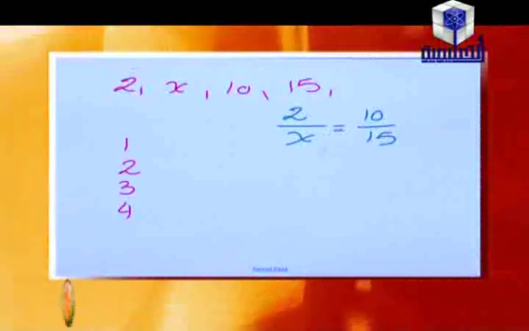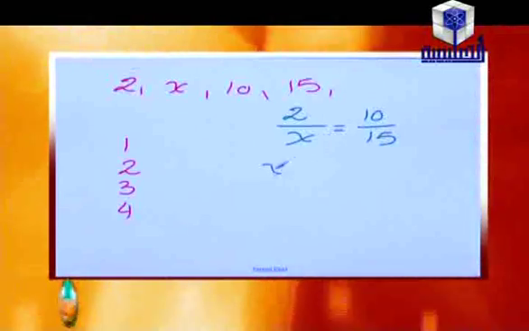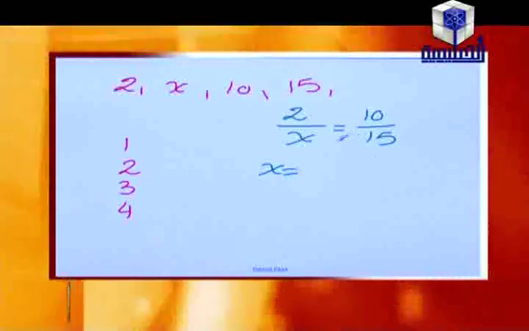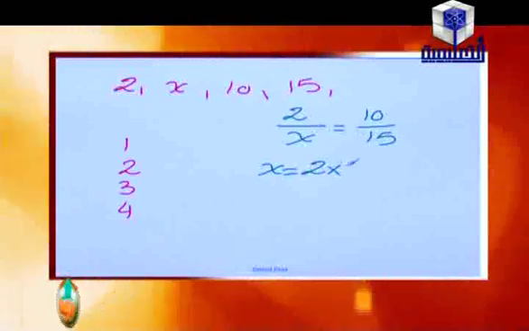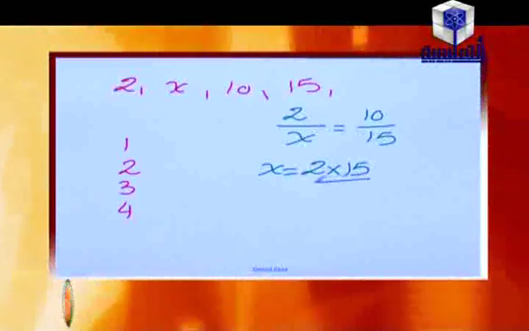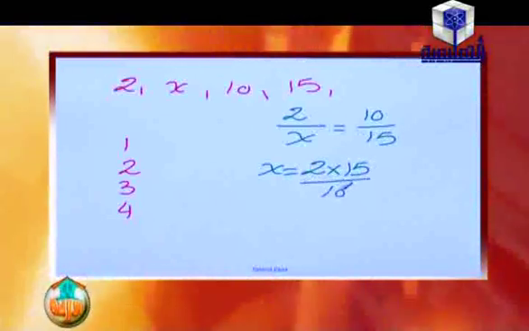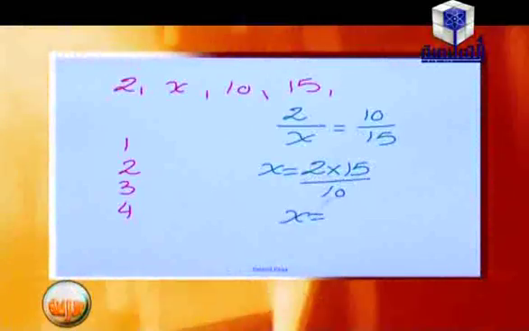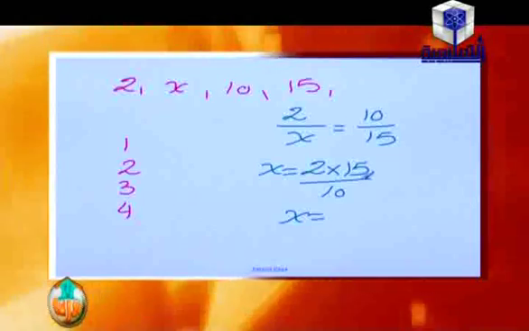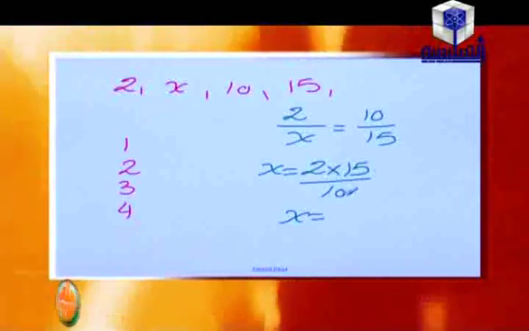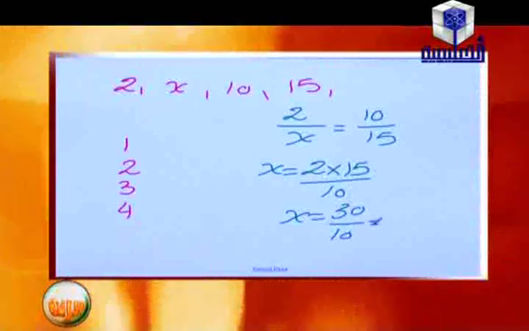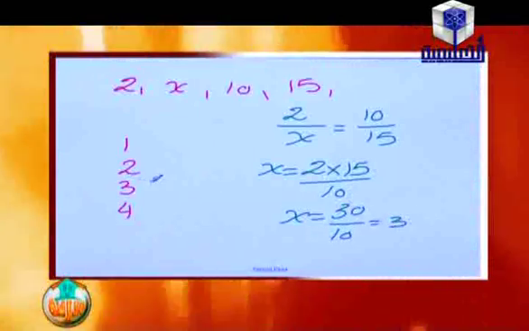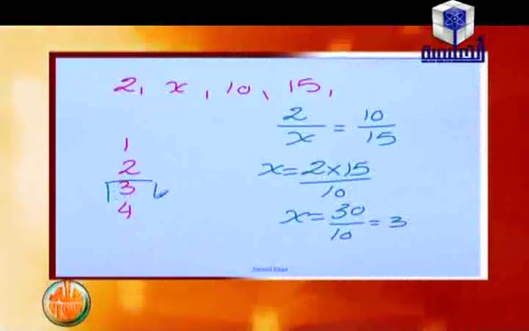And we have to use cross multiplication to find the value of x. 2 times 15 divided by 10. Then x equals 2 times 15, which equals 30, divided by 10. We can say it equals 3. So the correct answer is 3.